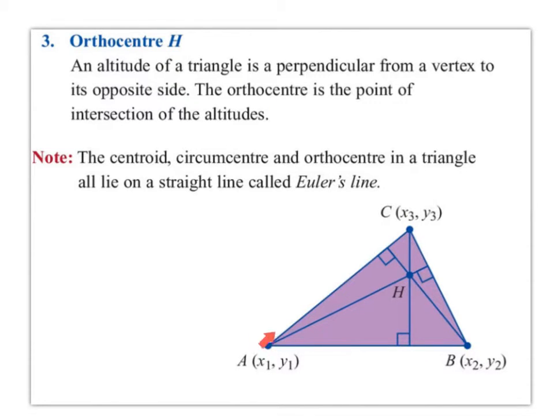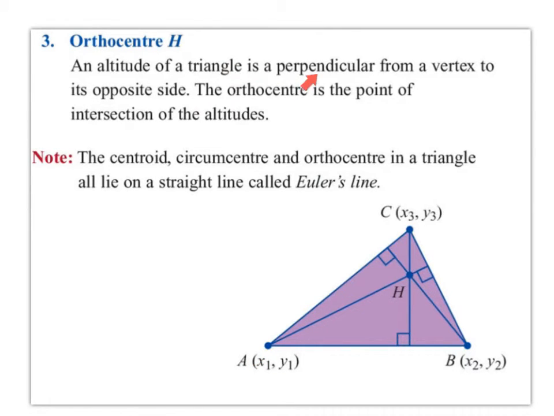Here is the side AB, and here is its perpendicular. We know that again because of the 90-degree angle, and it's joining with its opposite vertex or corner. And here we have the side CB, and here's its perpendicular, and it's joining with the opposite vertex or corner, which is point A.